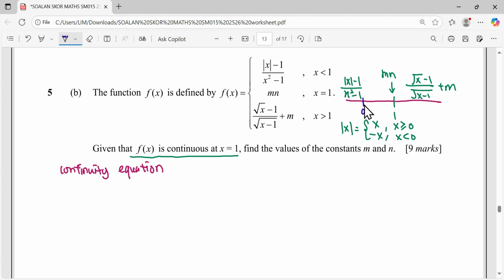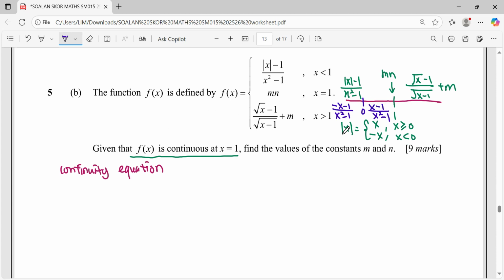If you have less than it, you use negative x minus 1 over x squared minus 1. If you have more than 0, you use positive x minus 1 over x squared minus 1. So this is how we define our modulus part, and then you split it into piecewise. So here is another piece again.